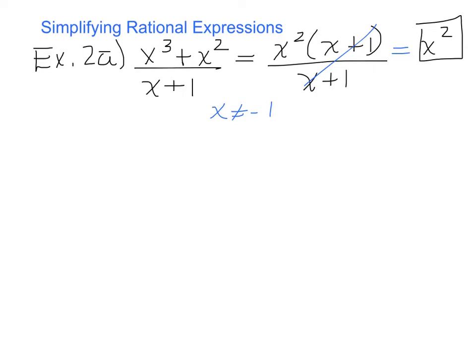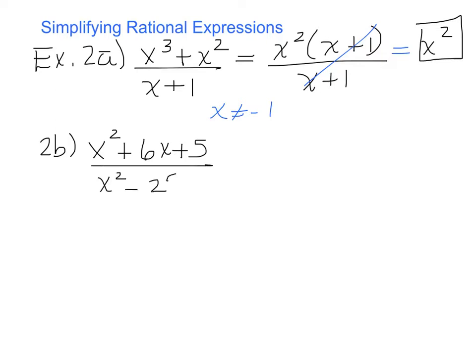So factor, find the numbers that will be excluded from your domain, then you divide and cancel. Here's my second example.